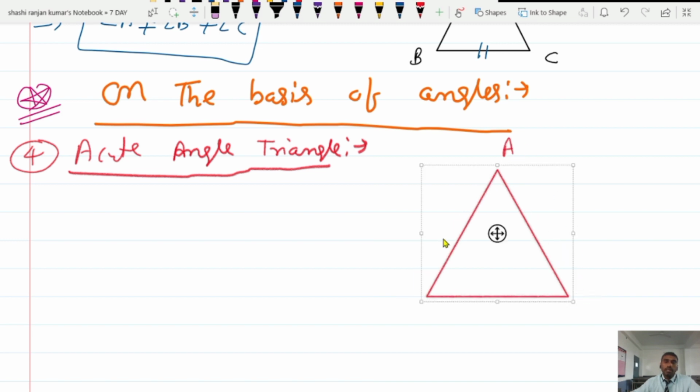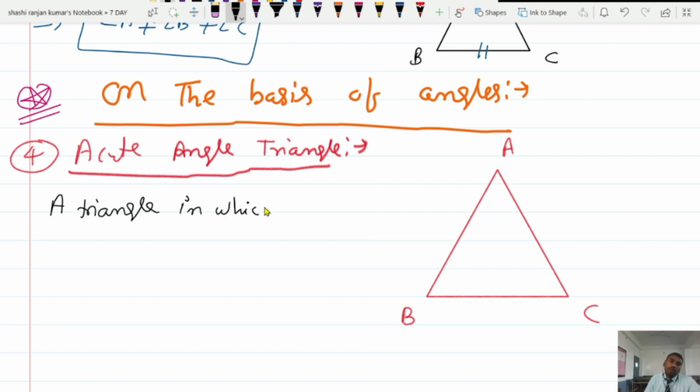So ABC. This is the triangles. If I am saying here, what is the acute angle triangle? A triangle in which all the angles are acute. What is the meaning of acute?